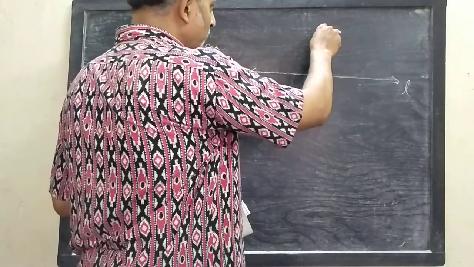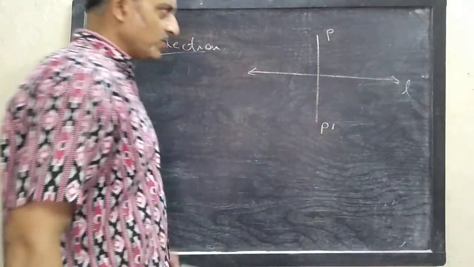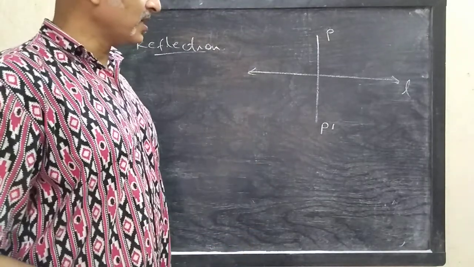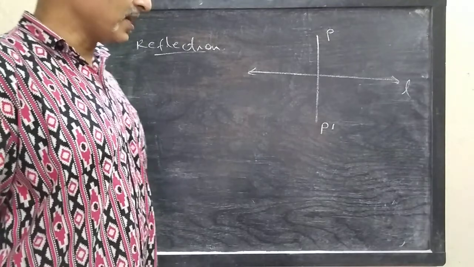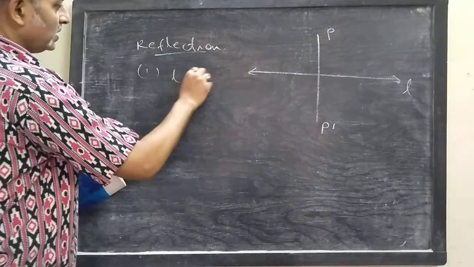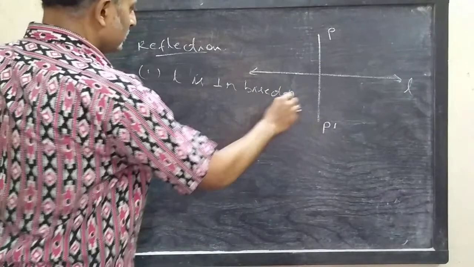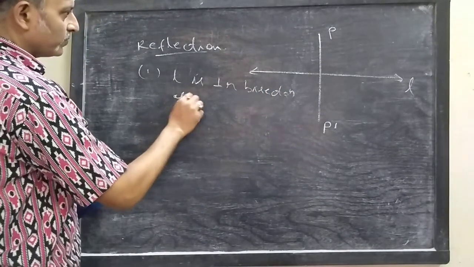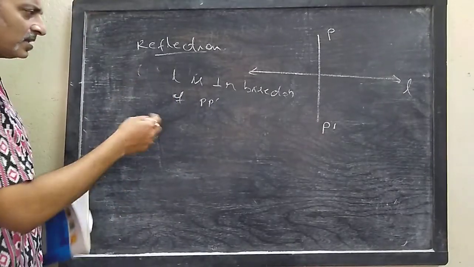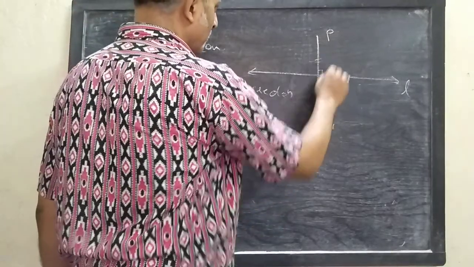Now, if P is reflected at the point P dash with respect to line L, that is, after reflection in straight line L the image of the point P is formed at the point P dash, then L should be the perpendicular bisector of PP dash.